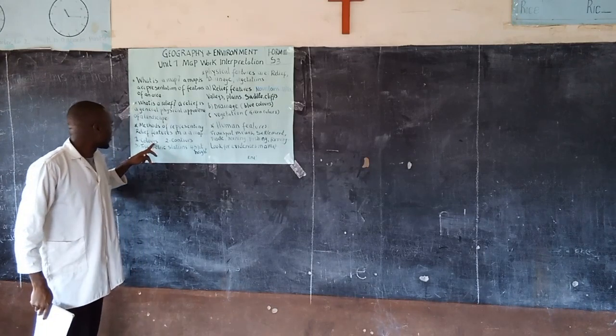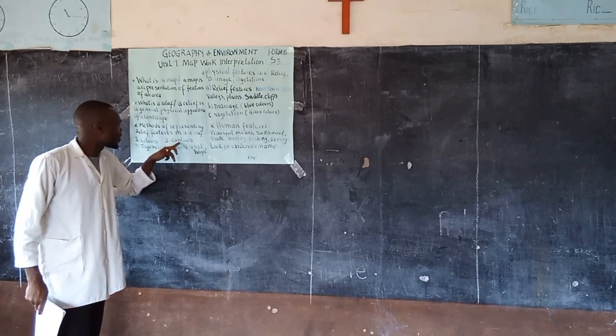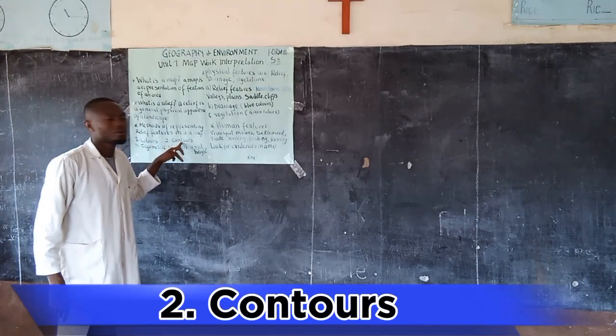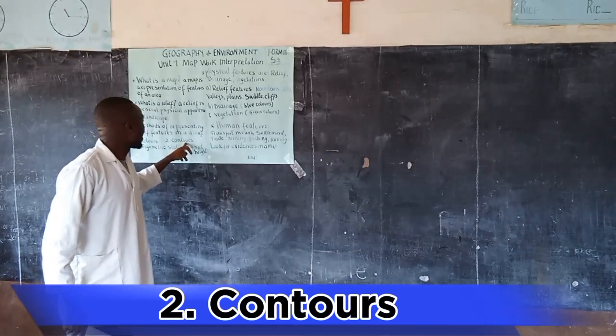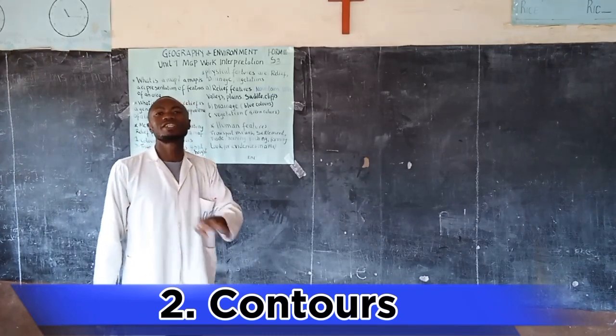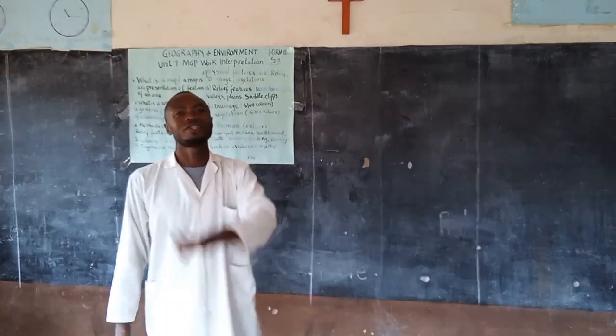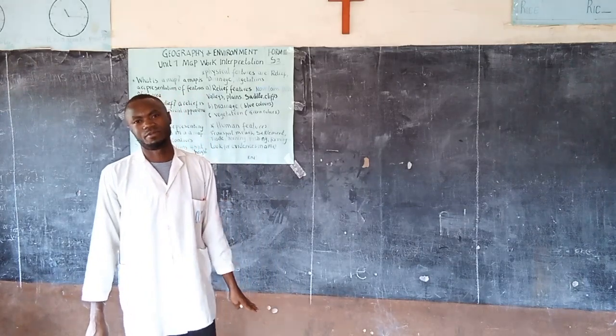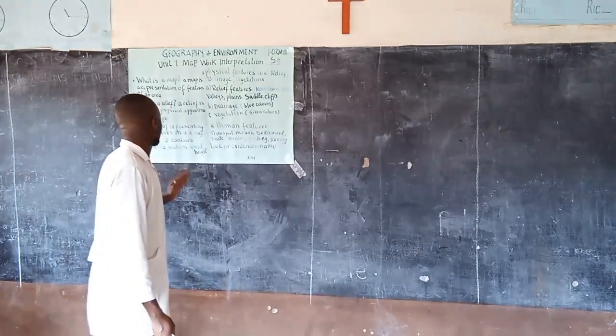Here we have another one, contours. A map which does not have contours is not a topographical map, to tell you the truth. Why?